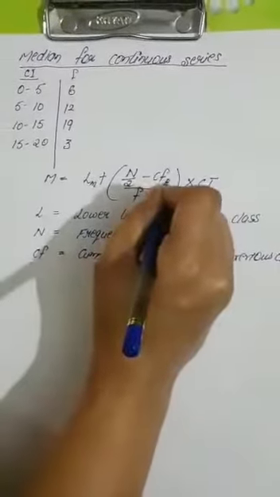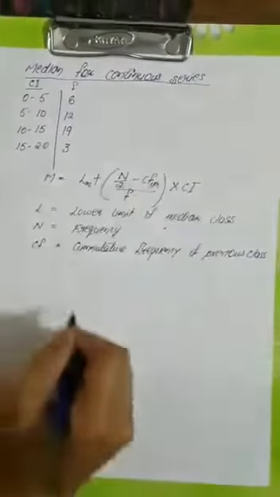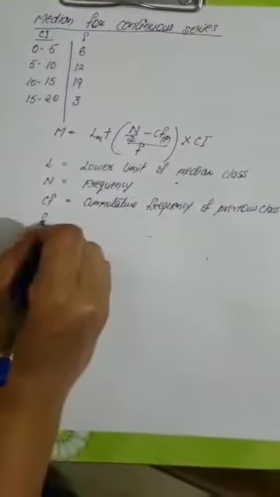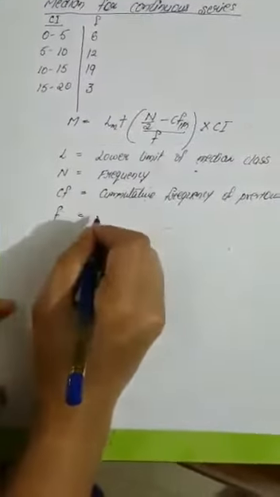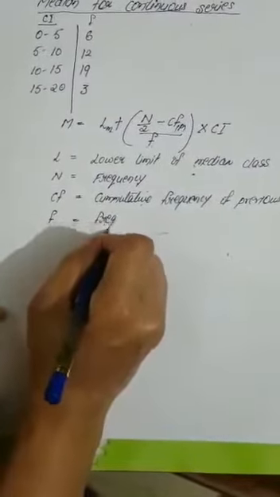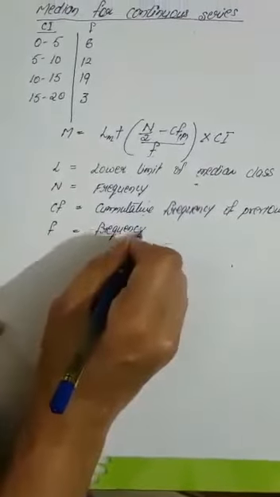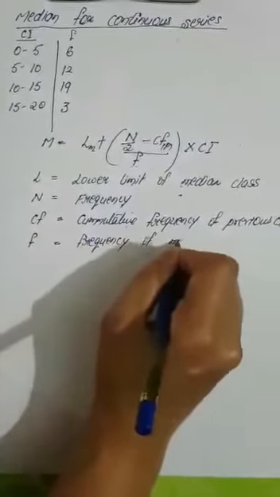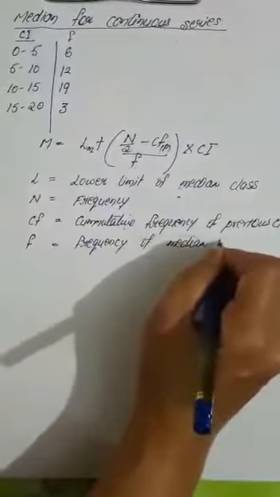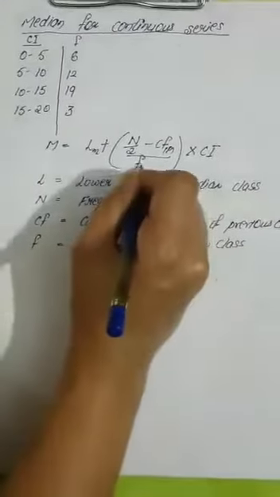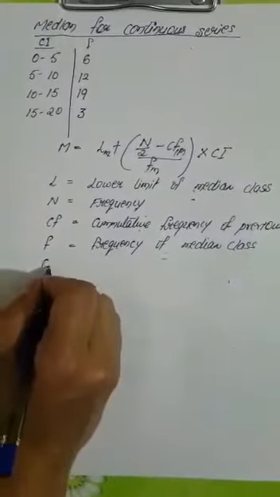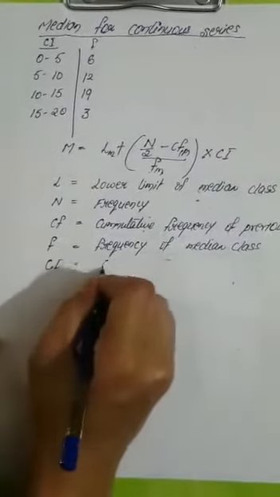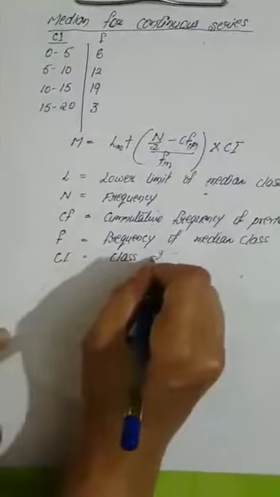Then F is the frequency of the median class. Then CI, that is the class interval.